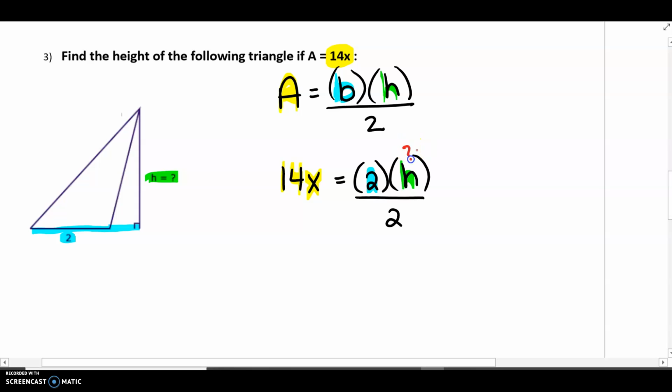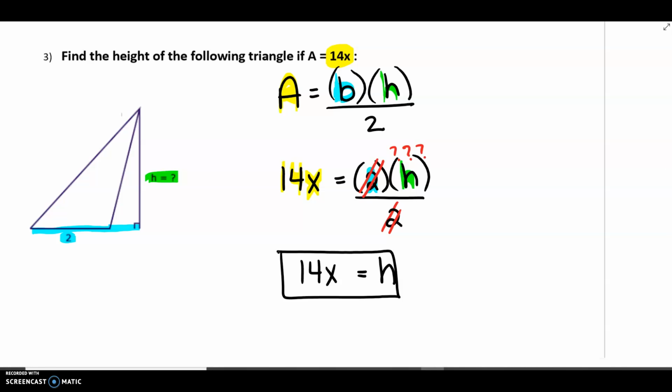I want to know what is this mystery value. I simplify. Well, I have on the right-hand side here a 2 in the numerator times h and a 2 in the denominator, so they cancel each other out. And I very quickly find my final answer is that the h is 14x. You don't know what x is, so you can't be any more specific than that. 14x units is the best you can say.